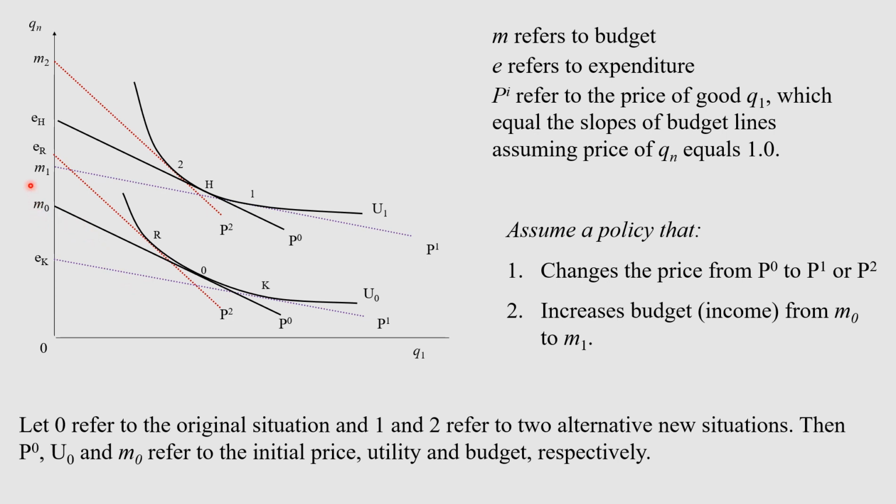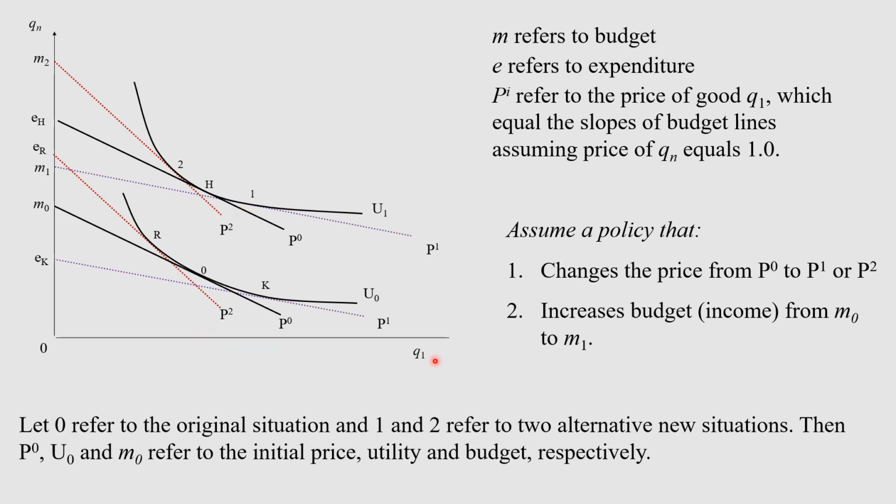One, it increases the income from M0 to M1, and it reduces the price from the higher price P0 to the lower price P1. So this is our P1 price line. This is our budget constraint under P1, given that we have a budget M1. So we're going to have this jump from 0 to 1.